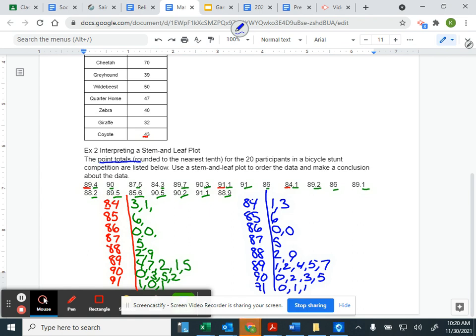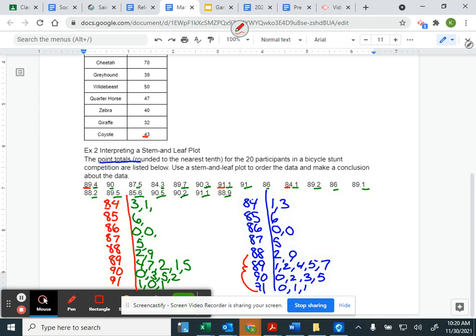What would be a conclusion that somebody would come to looking at where all of these points fall? Can anybody draw a conclusion? I'm looking at this and I'm noticing lots of numbers down here and not so many numbers up top. Can you draw a conclusion about that? Yeah. What conclusion can you draw?